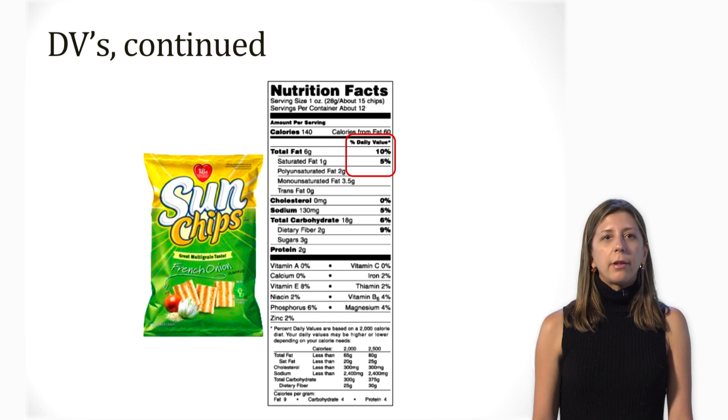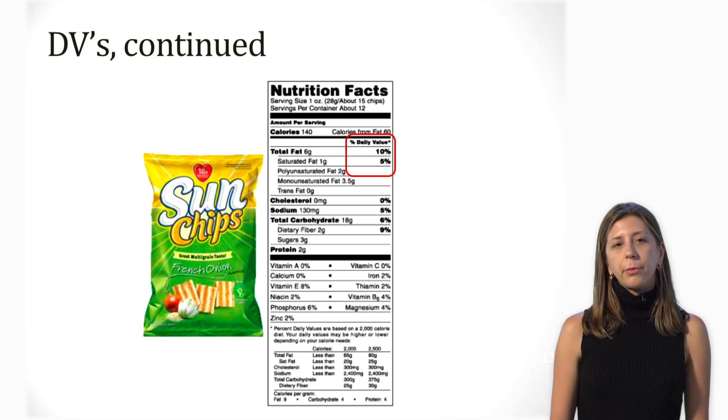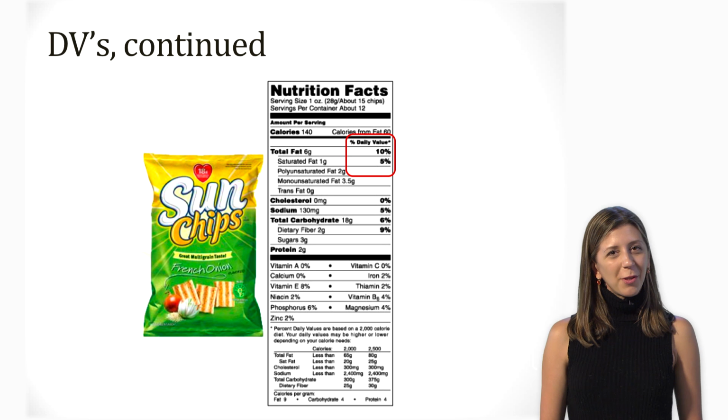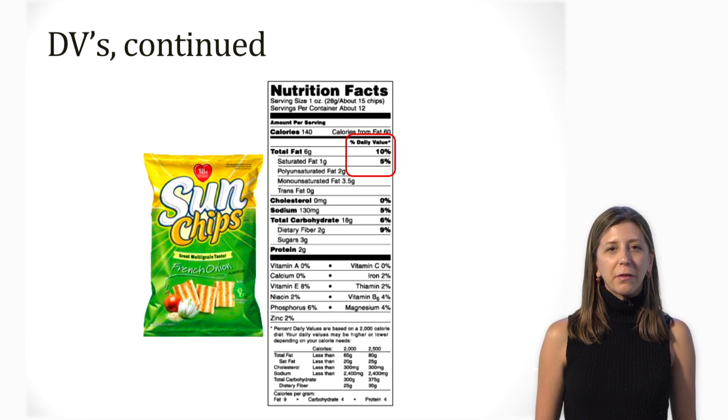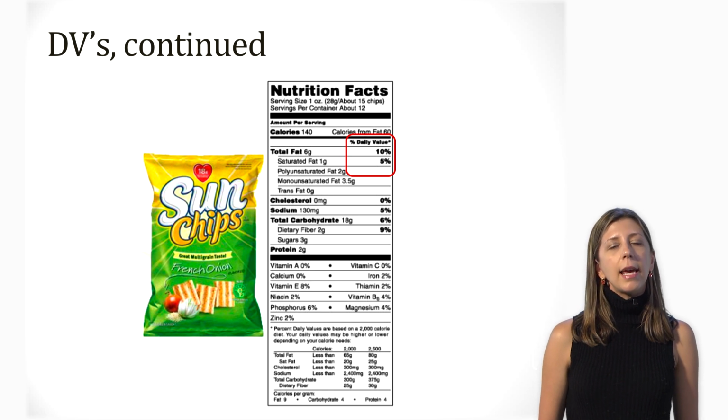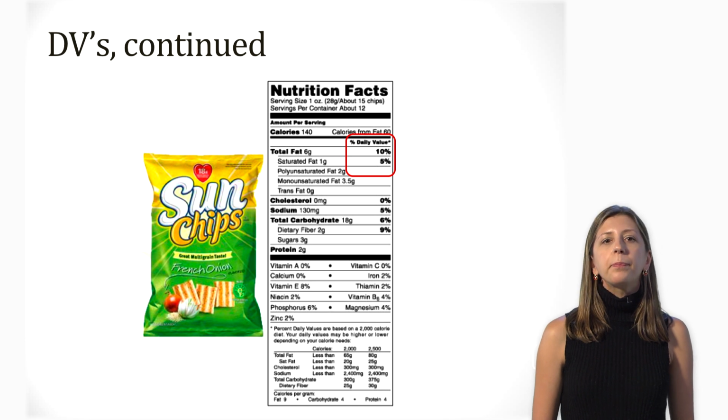This is another example of how to put the daily values into practice. So my favorite type of chips, Sun Chips, I don't eat these all the time, but I do happen to like these really much, the flavor, right? So if I turn this over and I'm looking at the nutrition facts panel, again, this is where you would find your daily values. It's always going to be in the right-hand upper corner, and it's going to say percent DV, right?